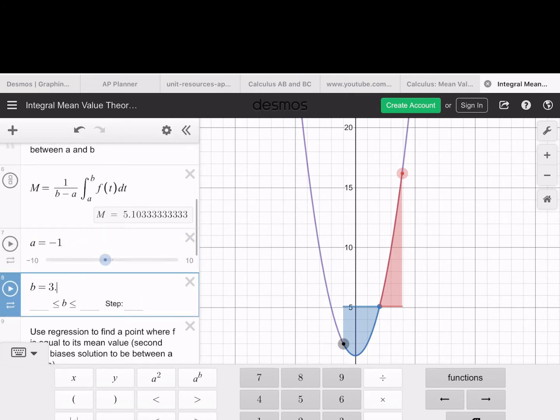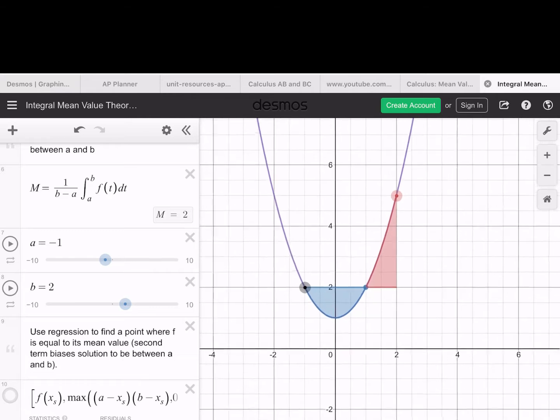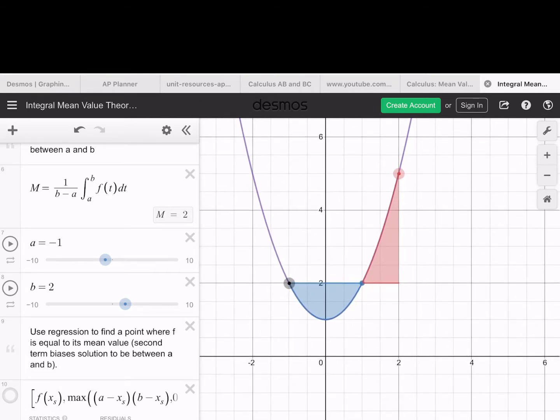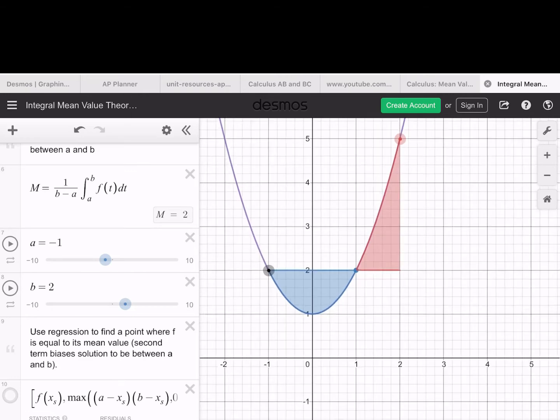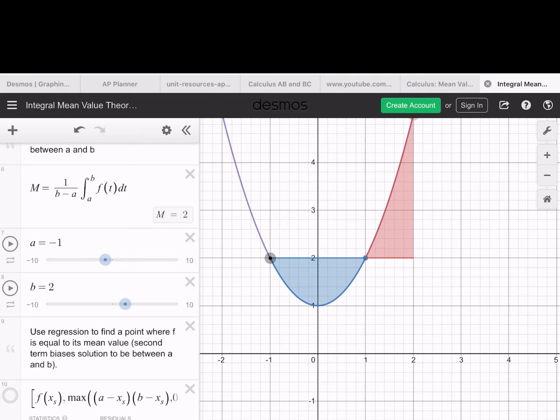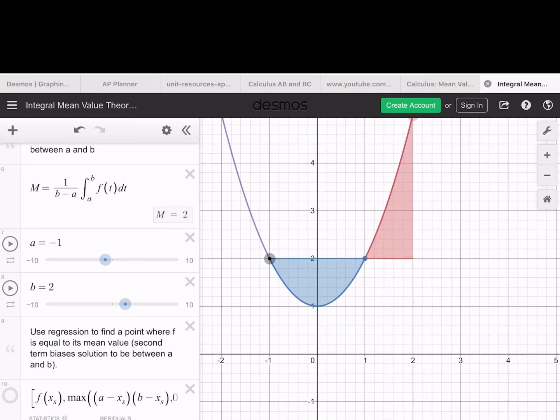There. And that's what it looks like. So from -1 to 2, the average value is 2. So you can see our m value came out as 2. Right here is our m value.